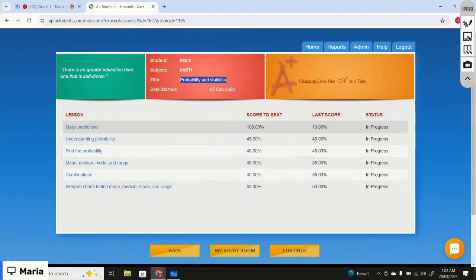Please make sure you have your notebook and pencil so that you can note down the important examples and definitions as well. Let's just start with the first lesson, that is make predictions.